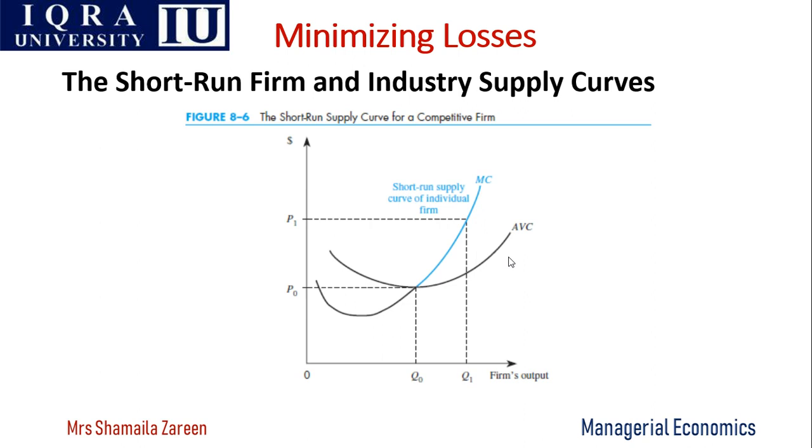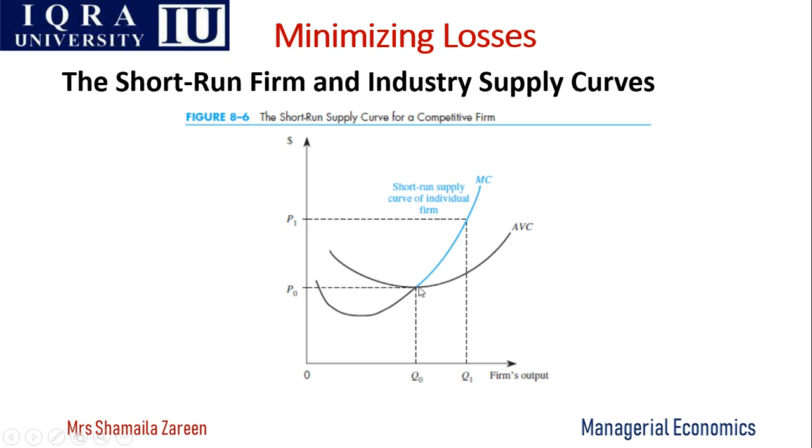And this is the condition in a perfectly competitive firm, here there will be the short run supply curve of the firm. We can draw the supply curve of the firm, the area that lies above the minimum of the average variable cost, that is showing the short run supply curve of an individual firm.